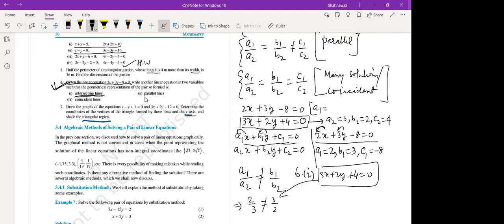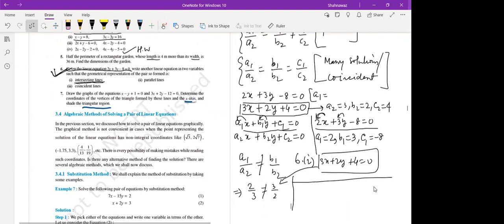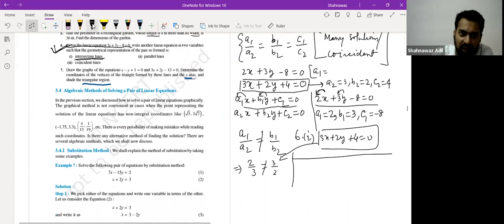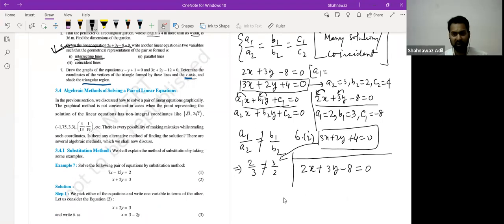Okay, so parallel lines, Rizwan, tell me what will be the equation. So one equation I should write: 2x plus 3y minus 8. Now you tell me what will be the other equation so that you have parallel lines.